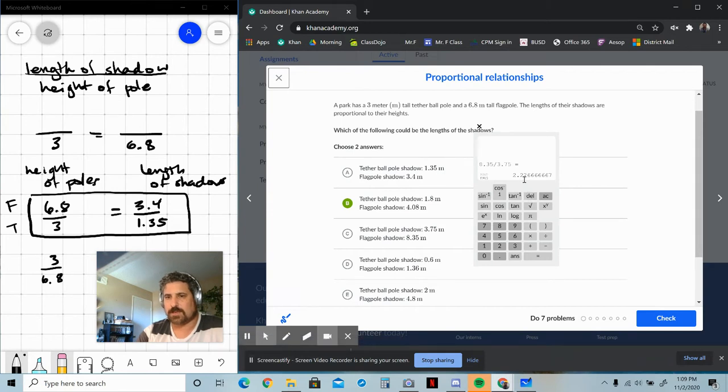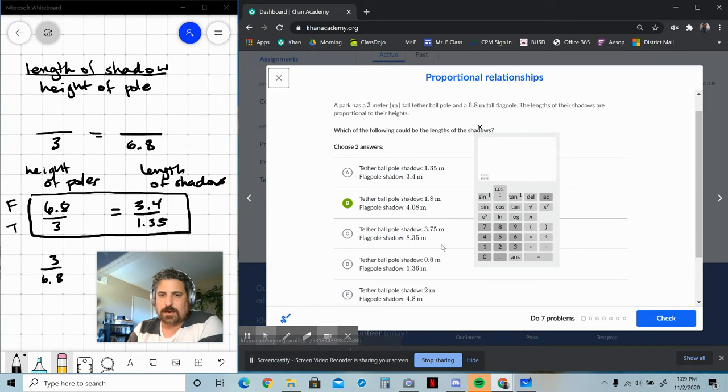That one looks like it's not quite right. It's 2.226, but it's supposed to be 2.26 from 6.8 divided by 3. So this one's wrong.